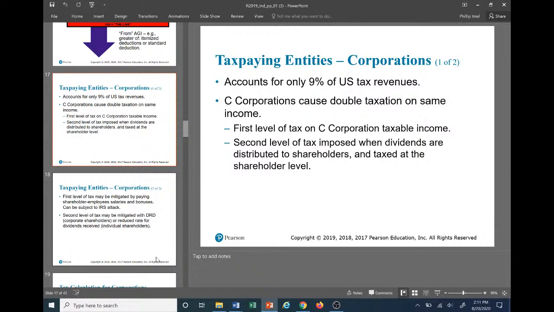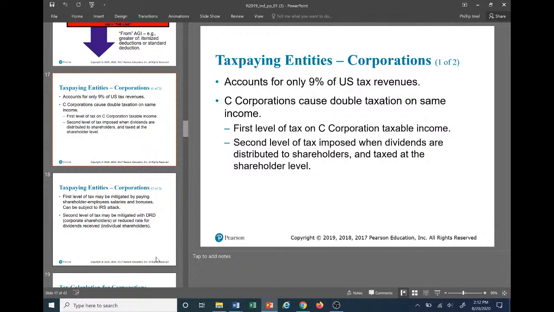The second level of tax is going to be imposed when dividends are distributed to shareholders and then taxed at the shareholder level. So the corporation is getting taxed on that income, and then obviously we know how accounting works when net income is closed to retained earnings, so it hits the equity. So that equity of the company, that is the component of equity which is retained earnings in excess of dividends declared, obviously has already been taxed.